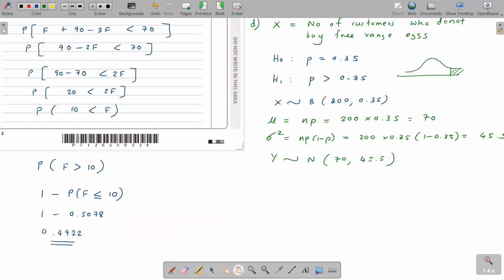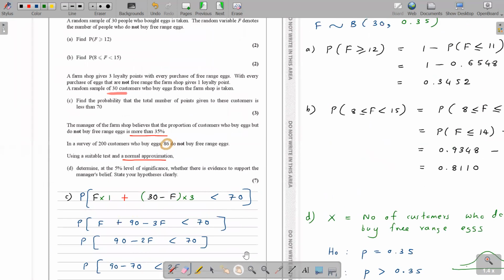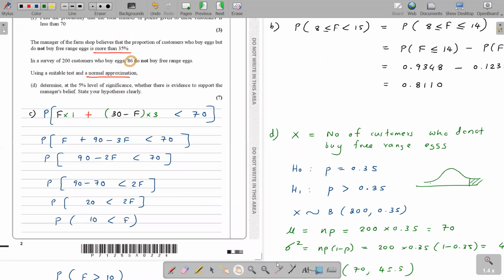So then what probability are we checking? Y is greater than or equal to 86, right? This is what we are checking against. Do you agree with me? Because we are checking whether this value 86 falls in the critical region. The reason I'm going for greater than or equal is because in my H1, we are checking the right side tail.